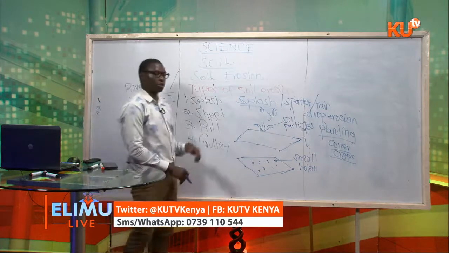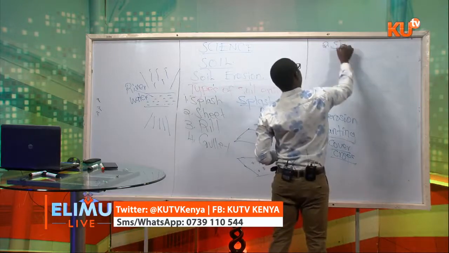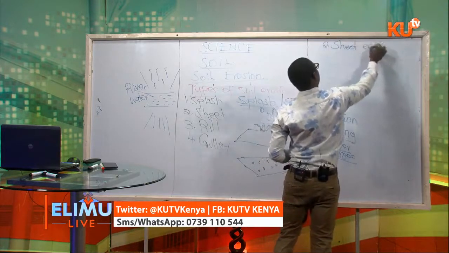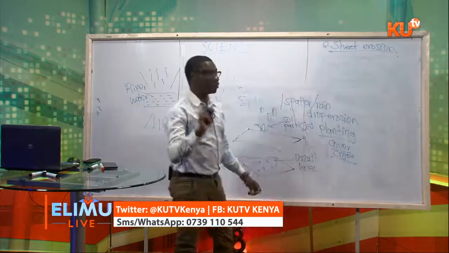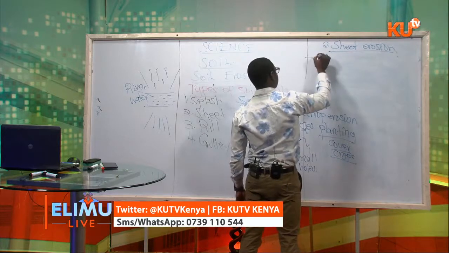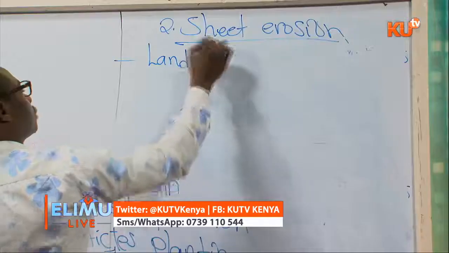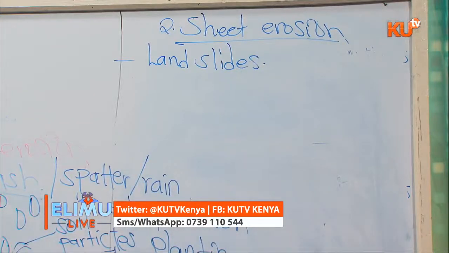We come to sheet erosion. It occurs, and this is a very common question, in form of landslides. Sheet erosion occurs in form of landslides, and these landslides usually bring down buildings.